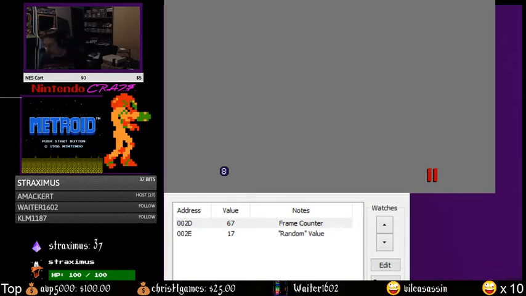But we're going to take a look at 002D, which is said to be a frame counter, and we're going to advance forward and see what happens when a different value other than 255 and 0 is in there. If it's 255, it's going to advance to 0, then 1, 2, 3, and so on.